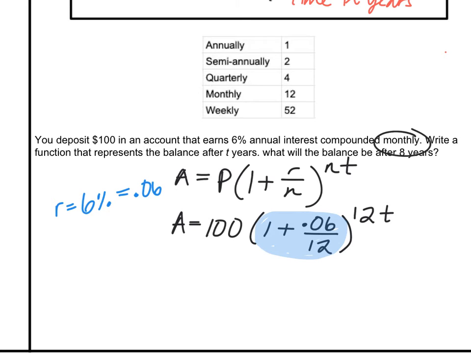Yes? Okay. So we're going to take our equation and write it out. Keep everything the same, except instead of that in parentheses, write down what you just got. Raise it to 12 times t. Okay, if I ask you for the function, this is the function. Now, we'll evaluate it for 8 years.